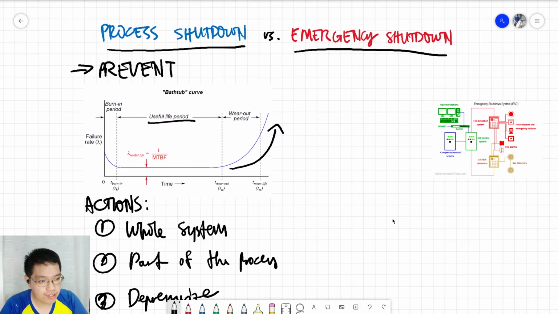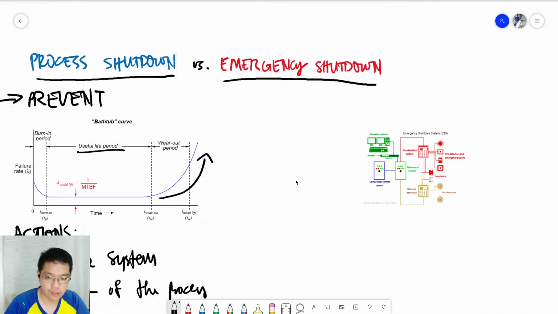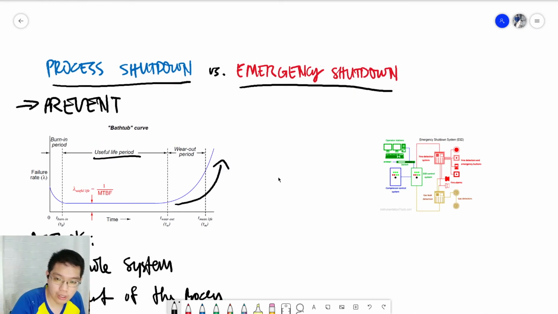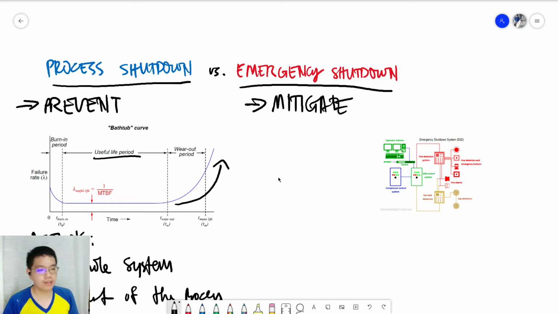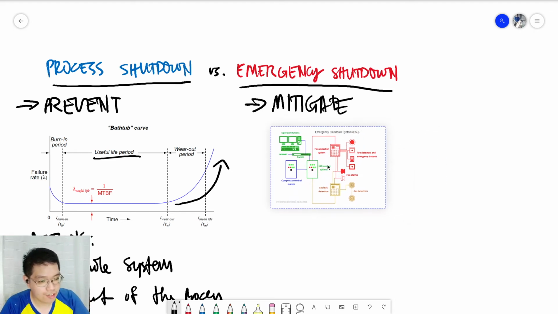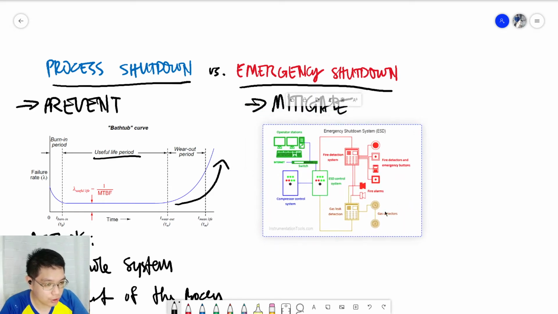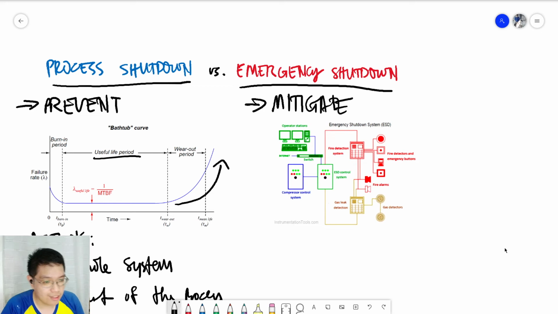Now let's proceed to emergency shutdowns. If process shutdown is to prevent, emergency shutdown is to mitigate. What it means is that if the accident is already occurring as a result of a malfunction or something else entirely, an emergency situation, then an emergency shutdown is done in order to keep the damages and the problem from worsening.